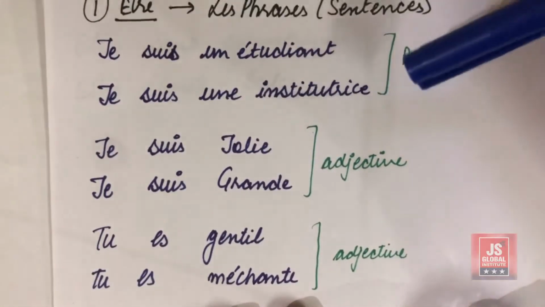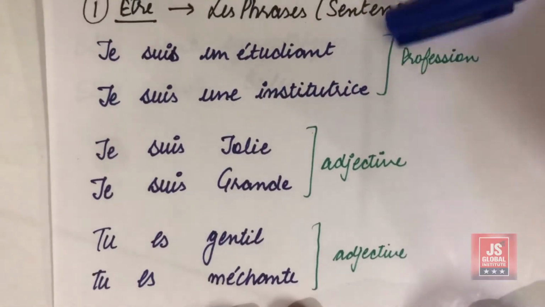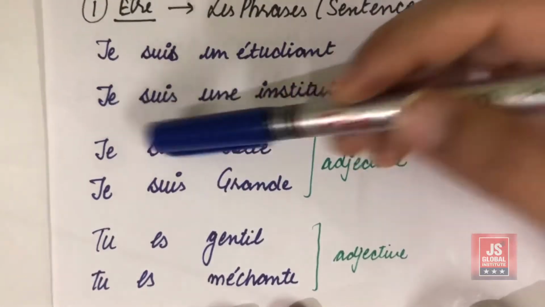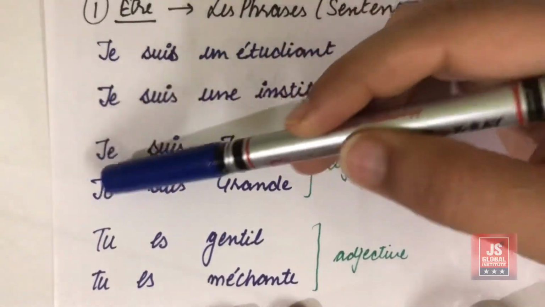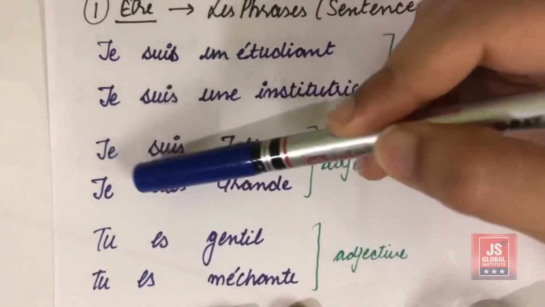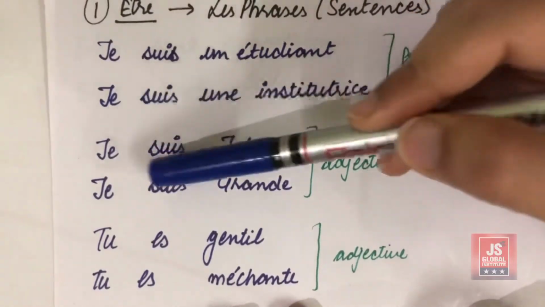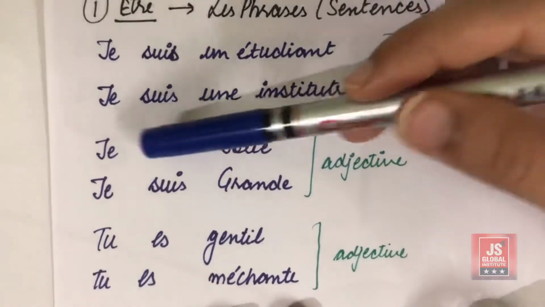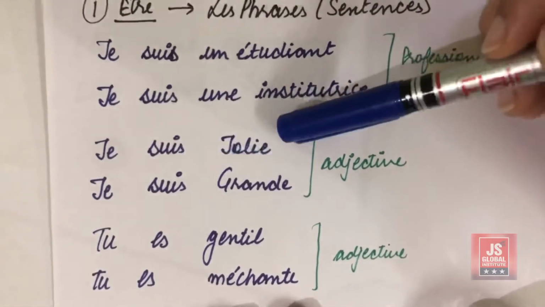That is, you can use either the profession or adjective along with the conjugation. So here what we have done, initially we used the subject, then we added a verb, that is conjugation of the verb, and then we added the object, which is adjective. Je suis jolie, I am pretty.